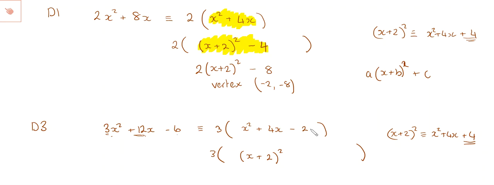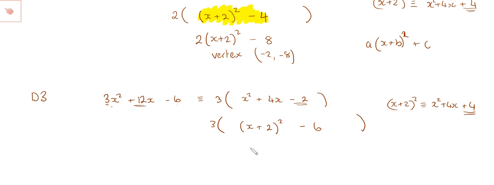We've got plus 4, but I want minus 2, so what do I do? Subtract the 6. Now I have to bring that 3 back into play, so it becomes 3 times x plus 2 squared.